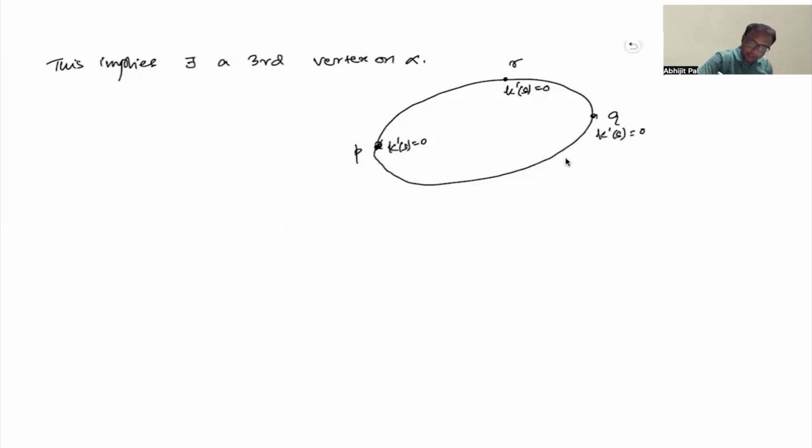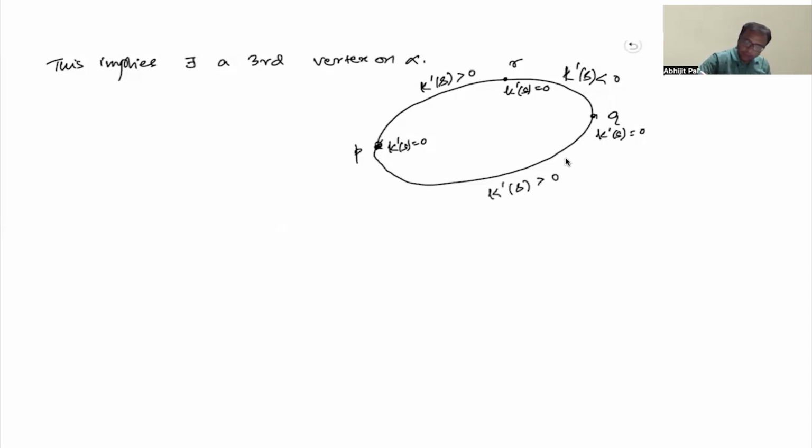Okay, and let us assume again by the same reason that this k prime s will be greater than 0 here on this part joining P to R, and in the next subsegment this k prime s will be less than 0. And again in the next segment, this k prime s will be greater than 0.